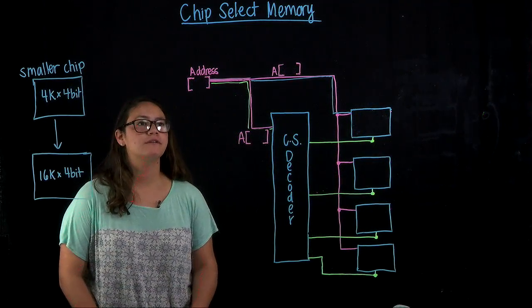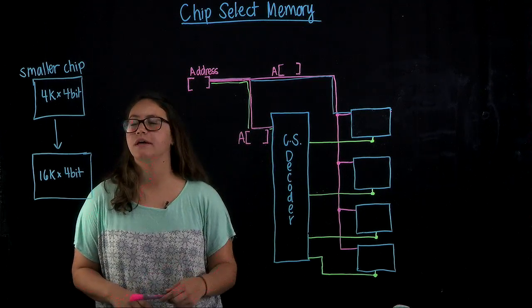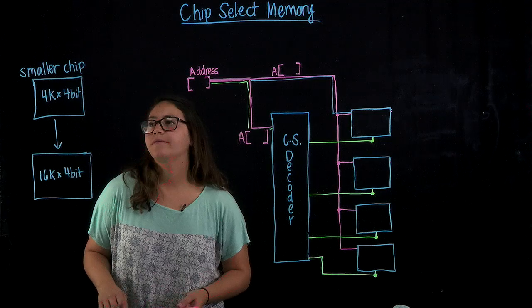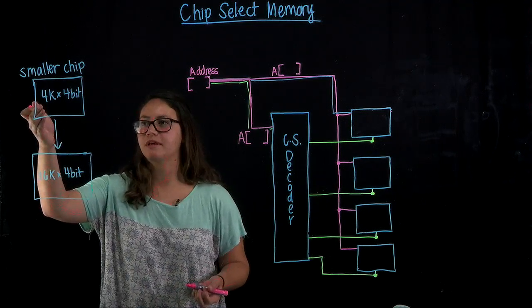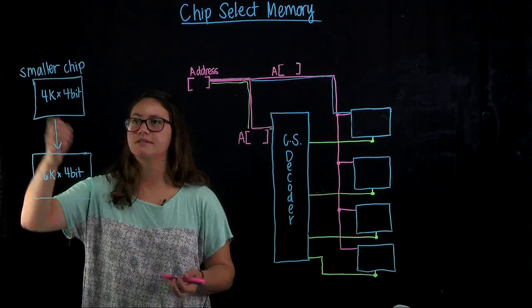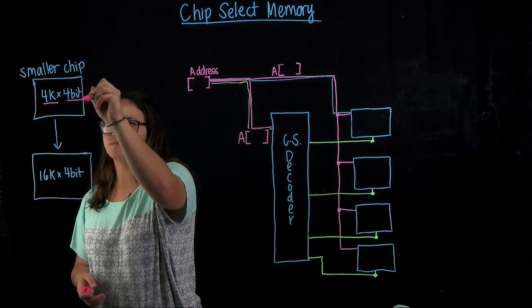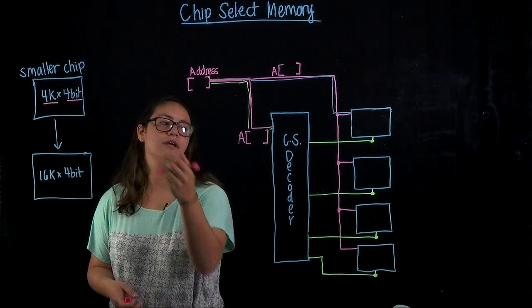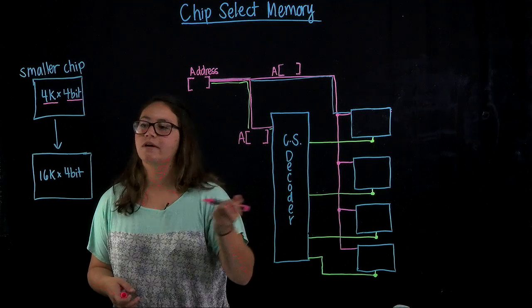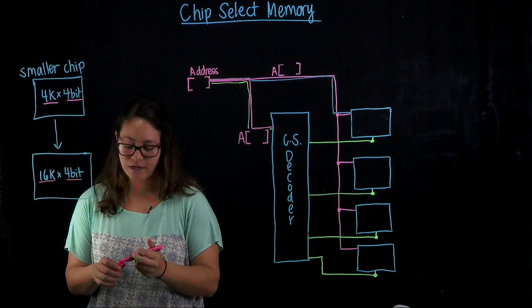Okay, so now we're going to do an actual example of how we can build a memory like this in a given problem. So if we have a problem that's giving us smaller chips that are 4K by 4 bits, so the address space is going to be 4K and the addressability is 4 bits. And then we're asked to take those and put those together and make a larger memory that is 16K by 4 bits.